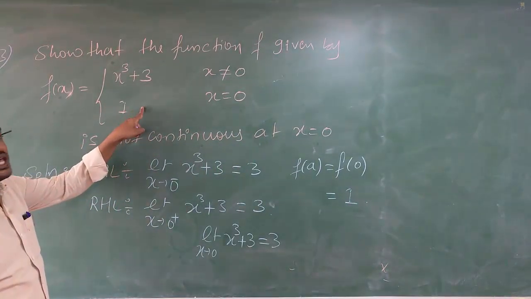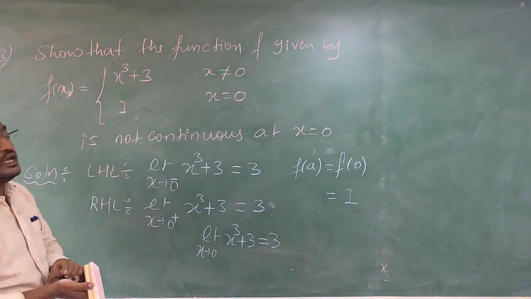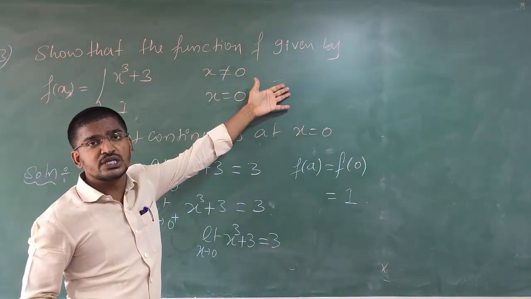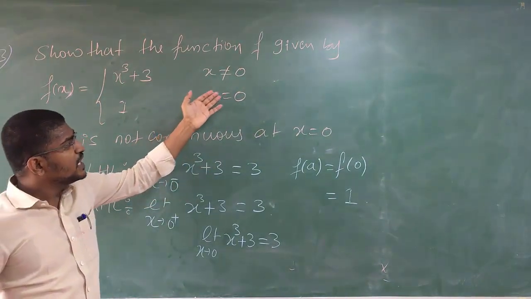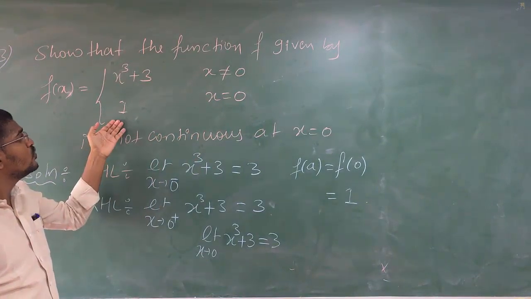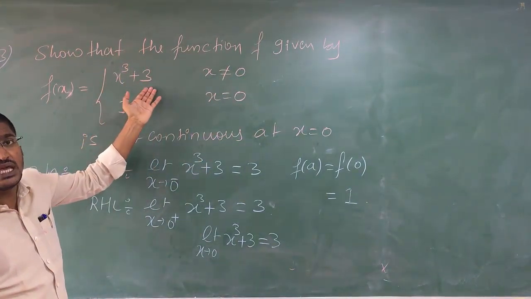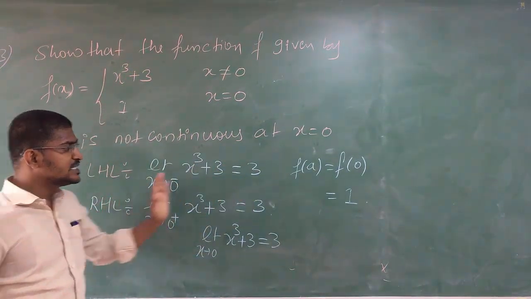So f of 0 is given as 1. In the function they have given that at x equal to 0 it is 1, because it is defined in two types: where x is not equal to 0 and where x is equal to 0. If x is equal to 0, this is equal to 1. If x is not equal to 0, it is equal to x cube plus 3. So for LHL this is 3, for RHL this is 3.